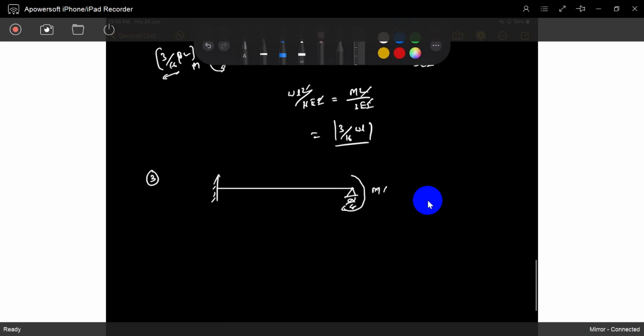How can we see it? If you apply a moment here, it is theta b. So what is that theta b?